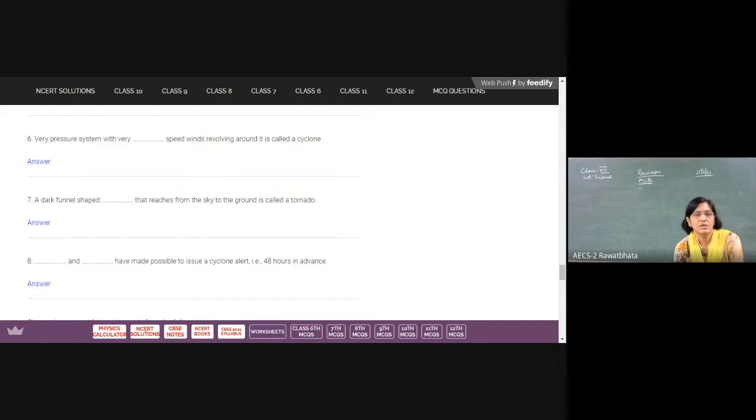Very low pressure system with very dash speed winds revolving around is called a cyclone. Devansh would like to answer that. He's tapping and sending the answer.